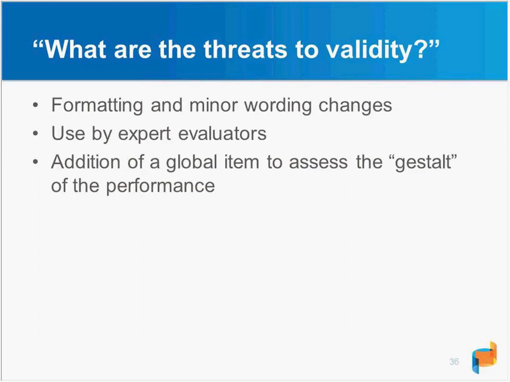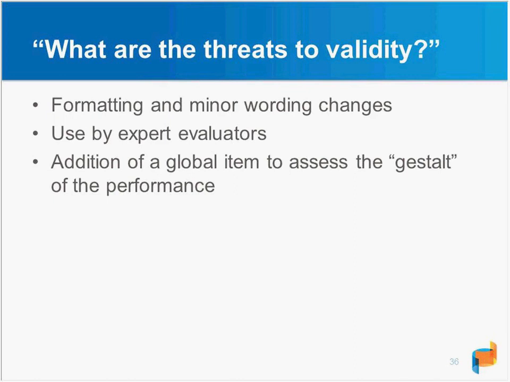As always, it's important to consider what were the threats to validity. And although the modified McMaster Ottawa did meet the most important of our selection criteria, it still required some minor modifications for our uses. In that case, it's important to acknowledge that those changes can be seen as threats.